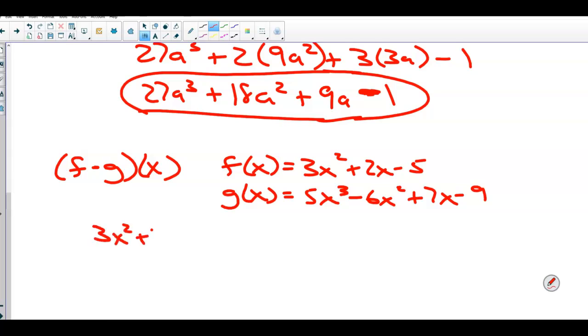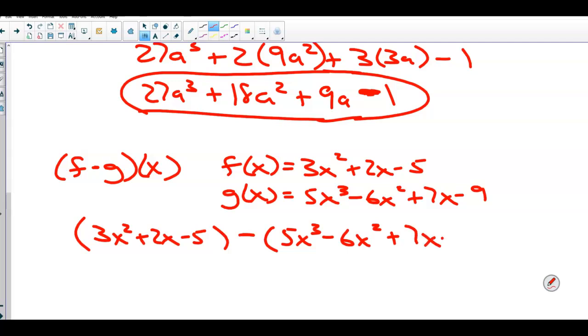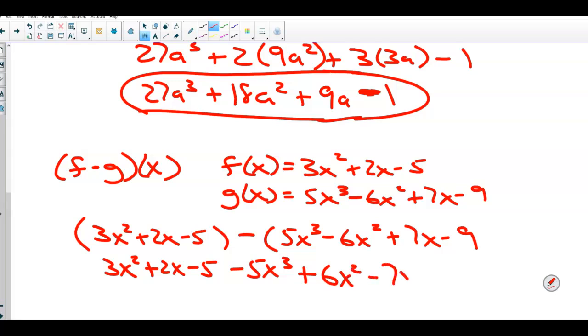So 3x squared plus 2x minus 5 in parentheses minus 5x cubed minus 6x squared plus 7x minus 9 in parentheses. I am a big fan of writing the first expression over and distributing the negative, which basically changes the sign of everything in the second term.